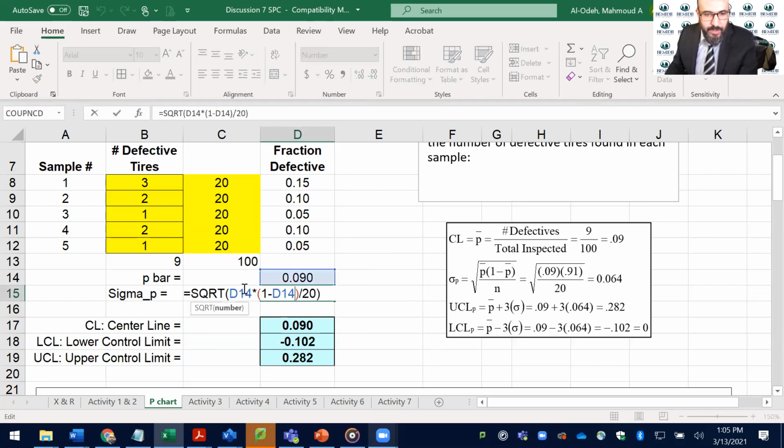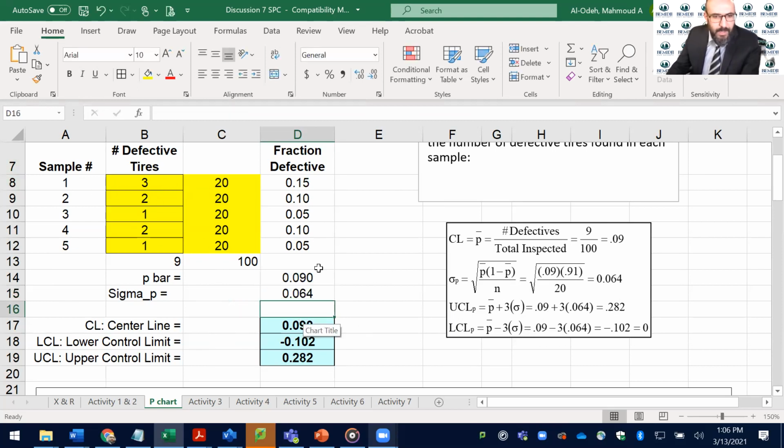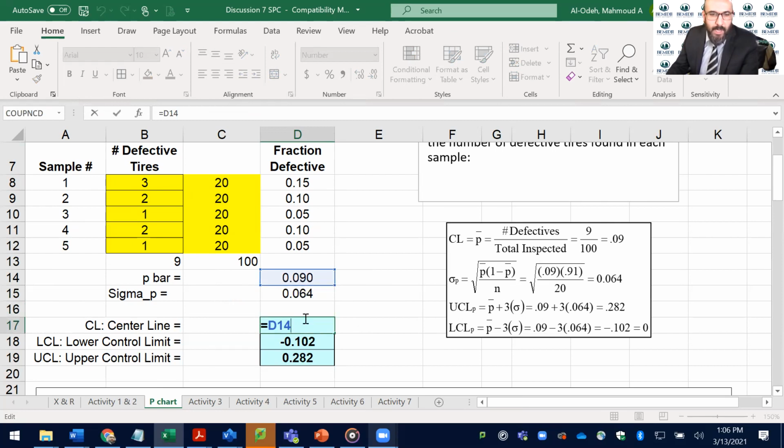Again, the square root of the P average times 1 minus the P average, divided by N. And here for the N, not the total inspected, but the sample size for each sample, which is 20. All right, 0.064. Now the center line would be the P bar, which is the average of the defective percentage.